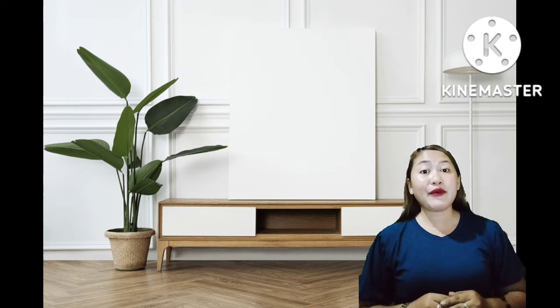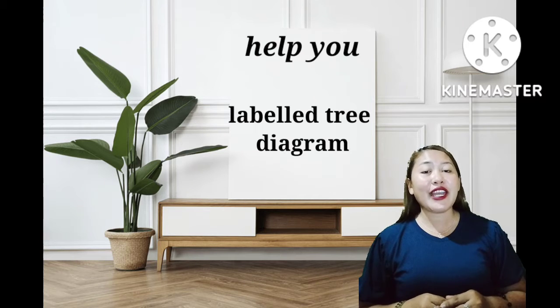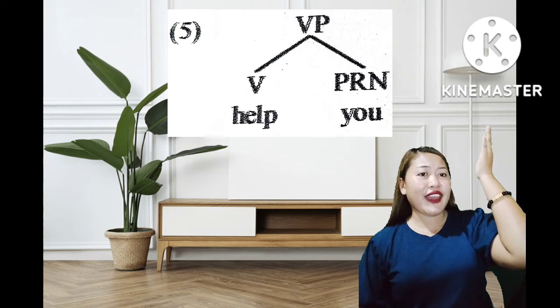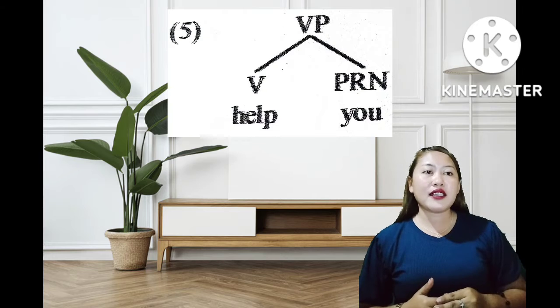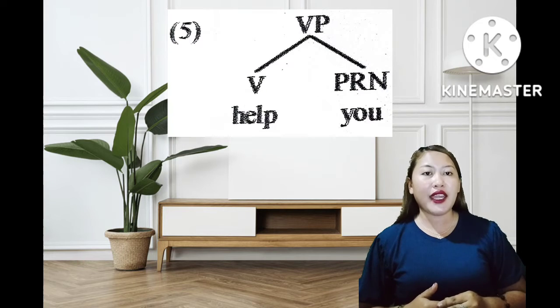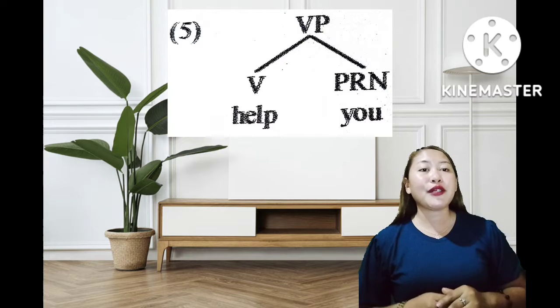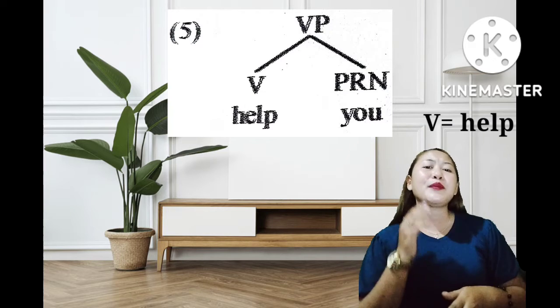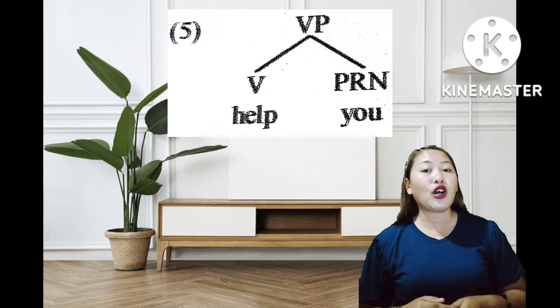An alternative way of representing the structure of phrases like help you is via a labeled tree diagram. What the tree diagram tells us is that the overall phrase help you is a verb phrase, and that its two constituents are the verb help and the pronoun you. The verb help is the head of the overall phrase.